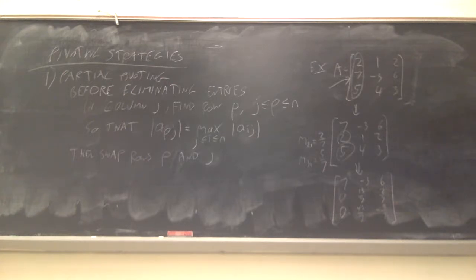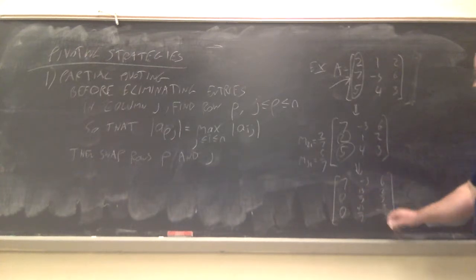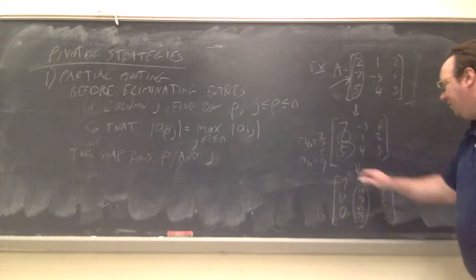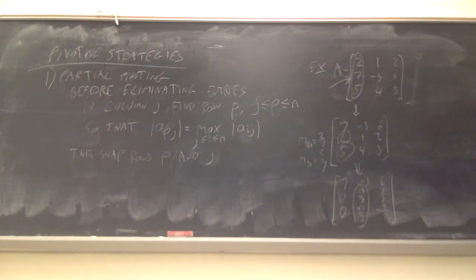You want the biggest on top? Yes. Then yes. And by on top, it's the diagonal entry. You're only going to search this portion of the column. This part's done. And in that column, 43 over 7 is the largest. So you're going to swap again. And so 0, 43 over 7, 2 sevenths, and 0, and then 13 over 7.